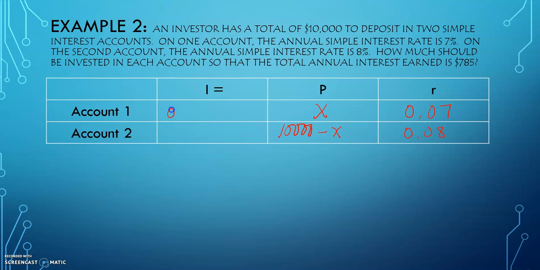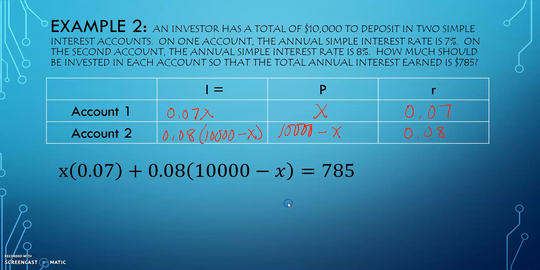Multiply to get the interest: 0.07x and 0.08 times 10,000 minus x. We're saying we want the total interest earned to be $785, so we need to take our interest amounts and add them and equal it to $785.